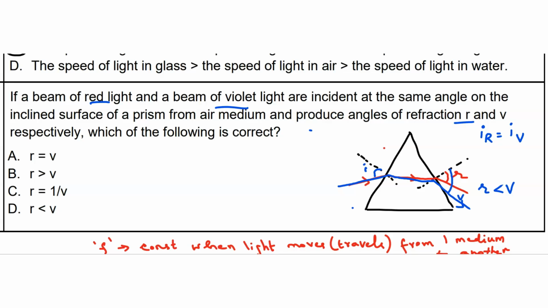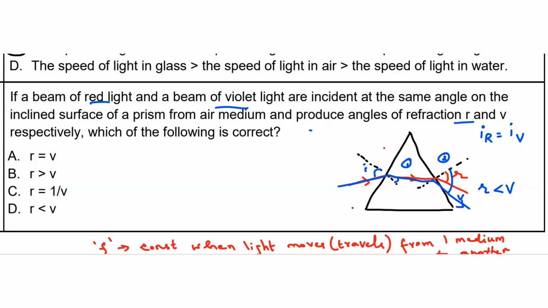After this, the light undergoes two refractions. One is inside the prism and the other is outside the prism, at the glass-air interface. At the air-glass interface, the first refraction, the refracted ray will be towards the normal like this.